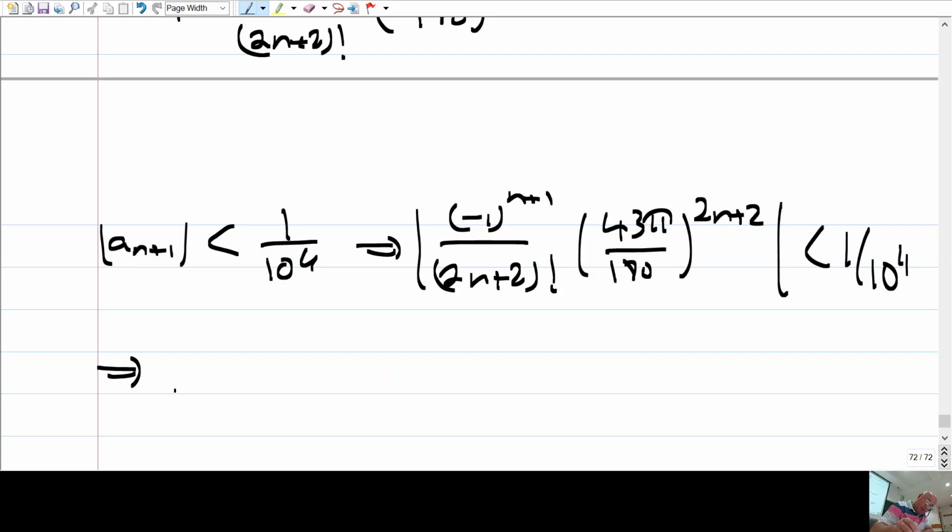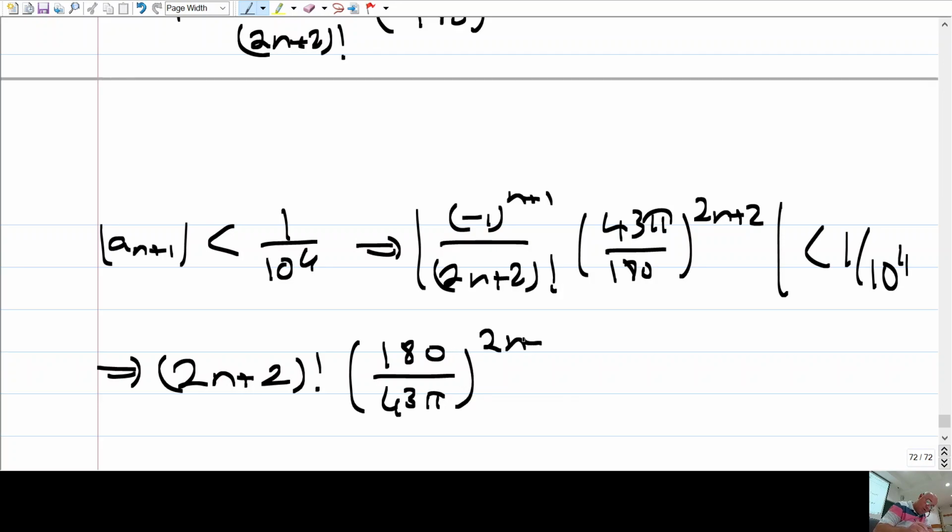This is the same thing as saying 2n plus 2 factorial times 180 divided by 43 pi to the power 2n plus 2 is larger than 10,000.